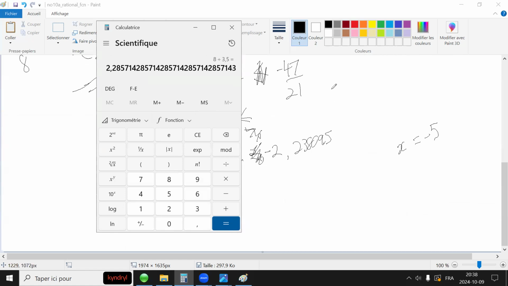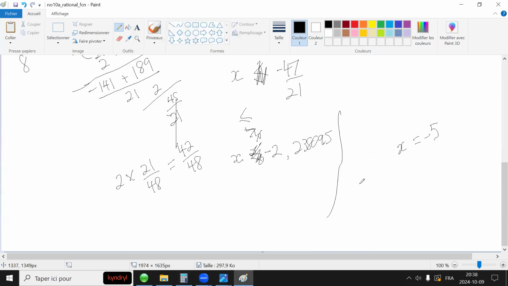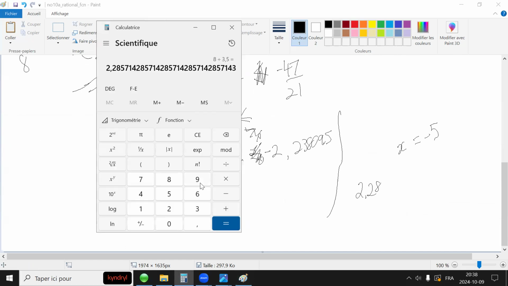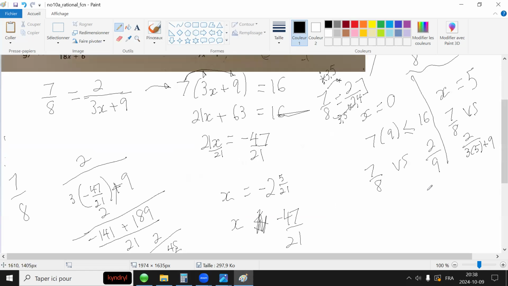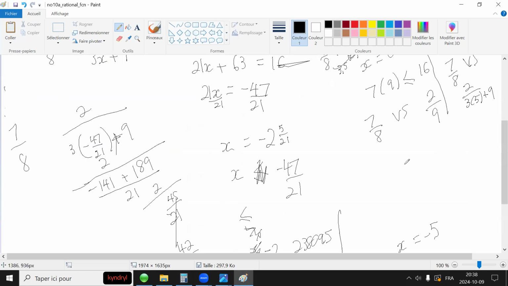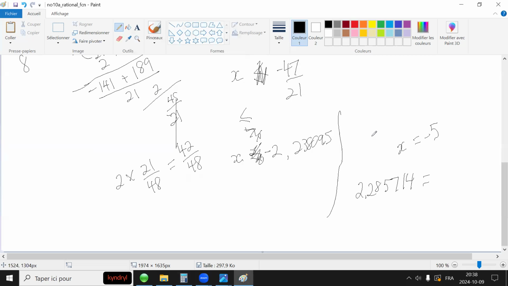So this has to be, hold on, 2.28 and so on. I need to be more precise: 5714. This would have to be equal to 3x plus 9 on this side to determine what x would be.